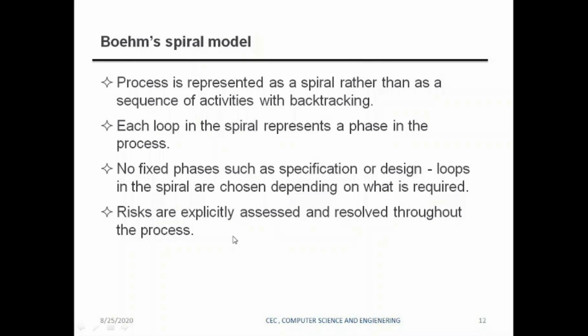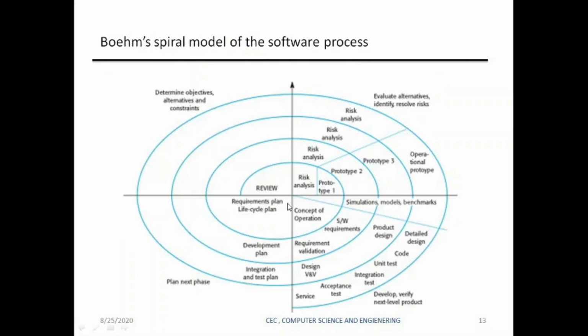So if there is some problem in the specification or in the design, that can be solved, and throughout the process there is no question of it not being possible. That's one of the advantages of the spiral model.